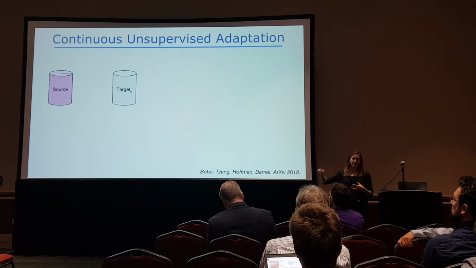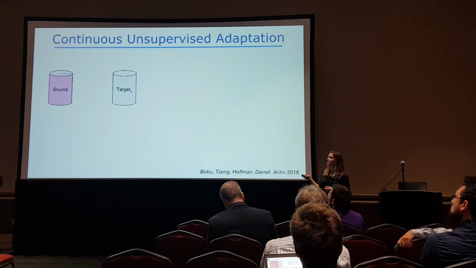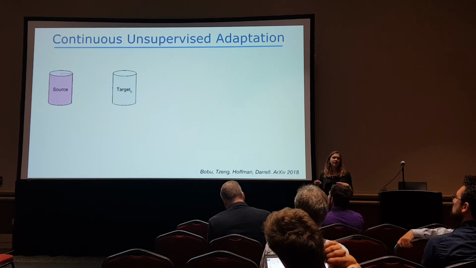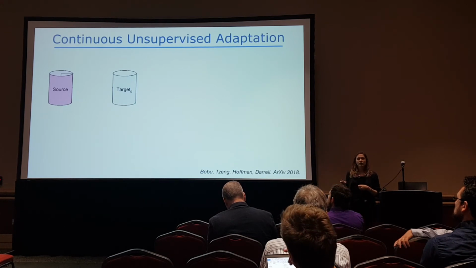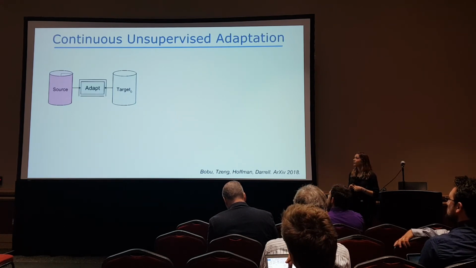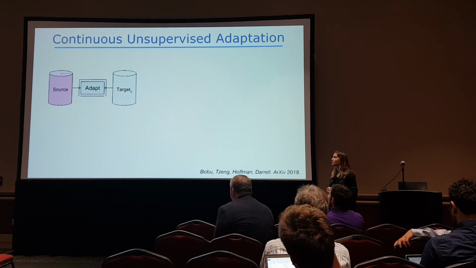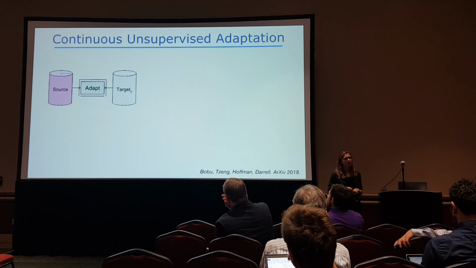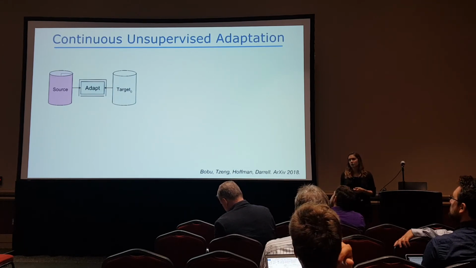The way this model works right now is we have access to our large labeled source data set, and at time 0, we have access to some new data that's unlabeled, and this is our first target. What we can do, of course, is perform our standard unsupervised adaptation between our source model and this target model. But then we want to make sure that we don't forget the old things.